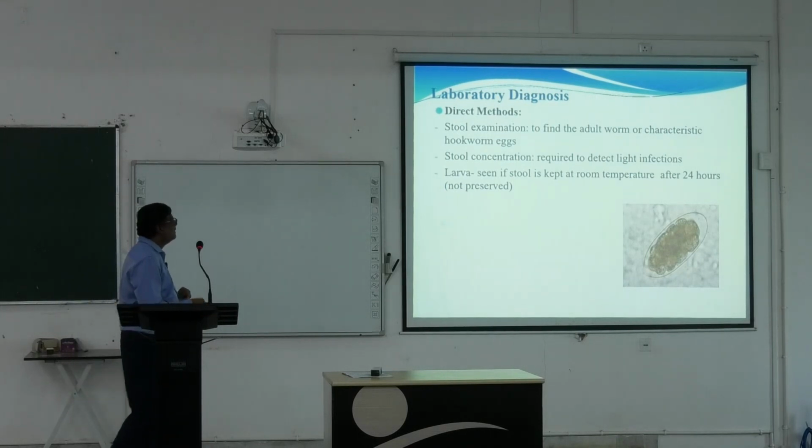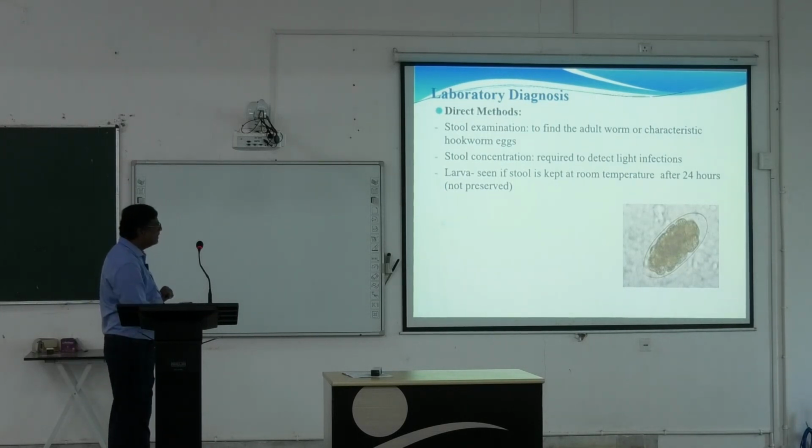The lab diagnosis is from stool. This is the characteristic stool with the adult worm. Find the characteristics of hookworm eggs. Stool concentration is required to detect light infections. The worm load is important, and larva are seen if stool is kept at room temperature after 24 hours, not preserved.